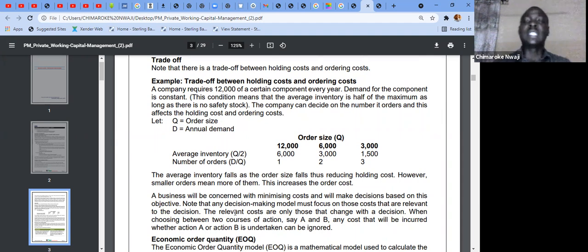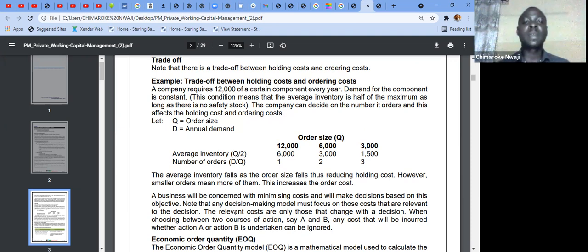Demand for the component is constant. This condition means that the average inventory is half of the maximum as long as there is no safety stock. So what it means is that if 12,000 units is what the company needs every year, average is 6,000 units.